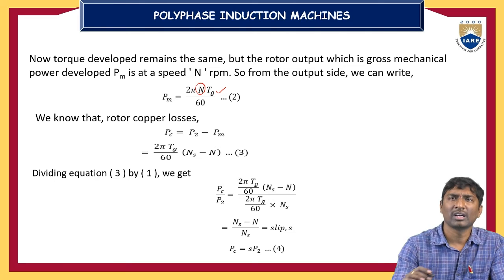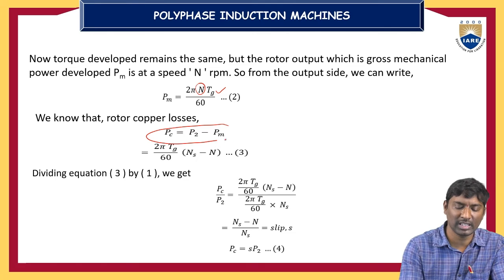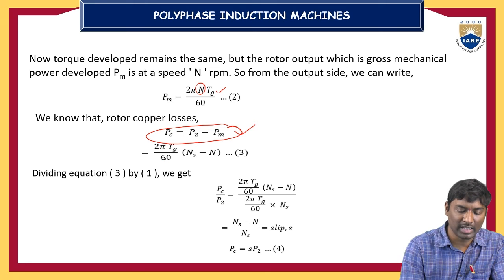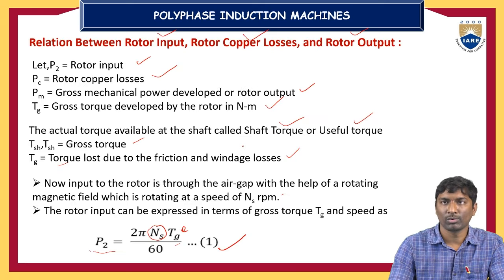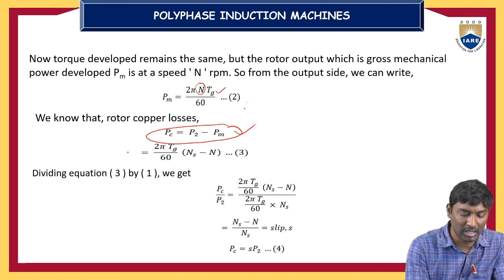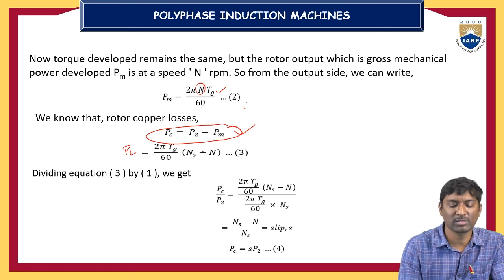Now we know that the rotor copper losses are given by Pc equal to P2 minus Pm. Substituting the first and second equations into this third equation, I get Pc equal to 2 pi Tg divided by 60 into (Ns minus N).